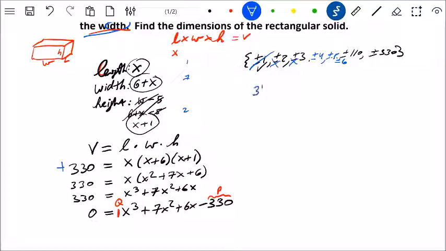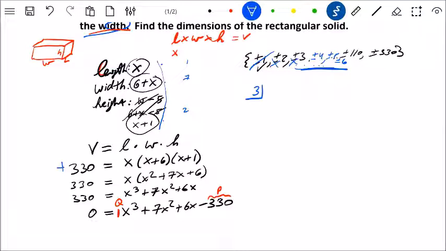So let's do synthetic division to see whether or not one of these numbers here is a perfect 0 for it. And then that would enable us to see if we could put it into the polynomial, meaning into the 3 dimensions, to see if it would get 330 cubic feet.